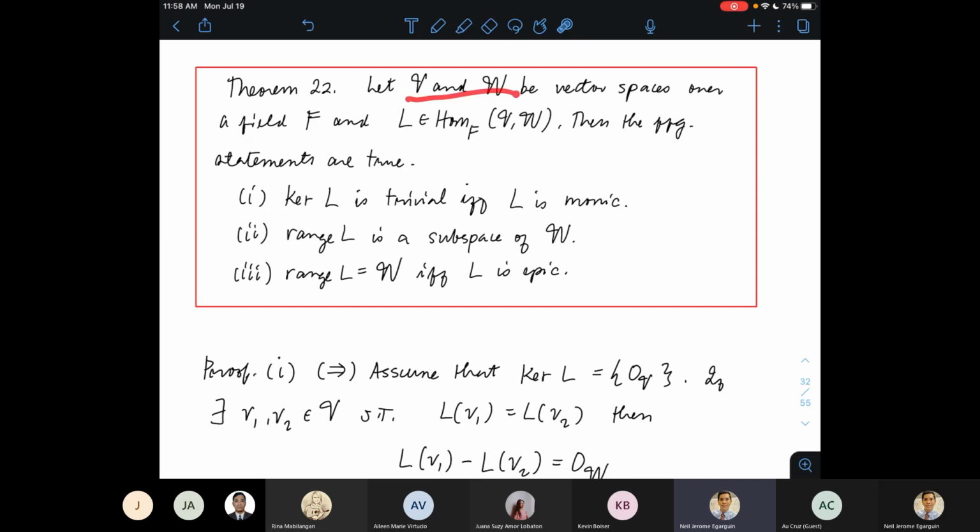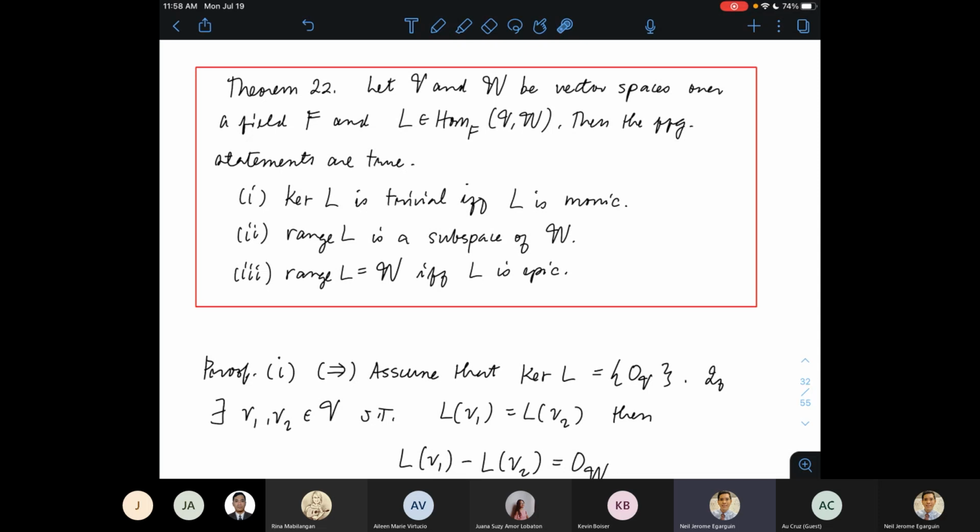We are assuming that the vector spaces V and W have the same underlying field F, because otherwise I will need a bijection between the underlying fields. So kaya for simplicity, and since we are not a hardcore abstract algebra class, we will not exhaust all generalities here. So that's why I will impose the assumption that they do have the same underlying fields, right?